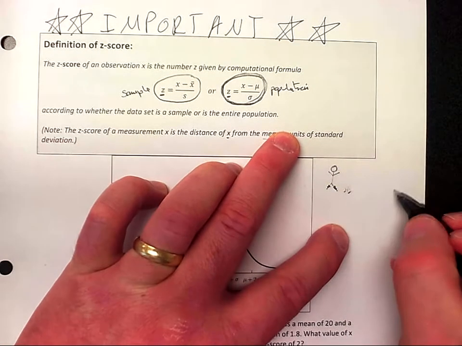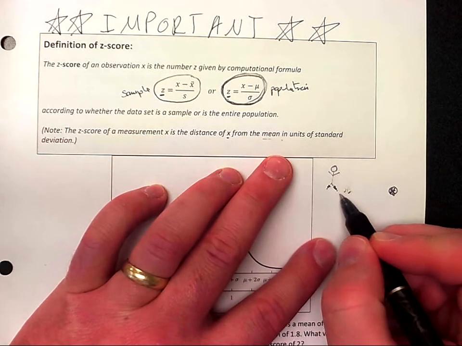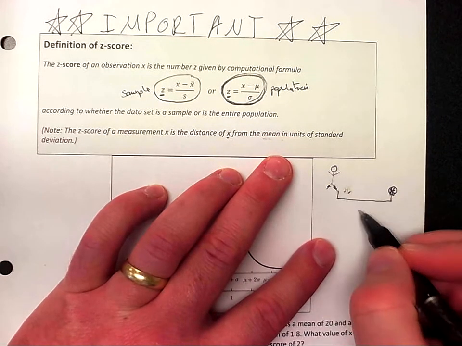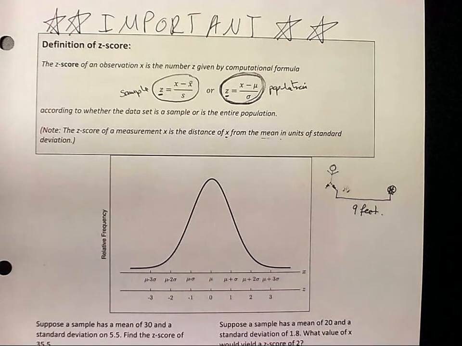Let's just say that the soccer ball is over here instead. And let's say that this soccer ball is 9 feet away from me, right? If this soccer ball is 9 feet away from me, how many yards is it away from me?